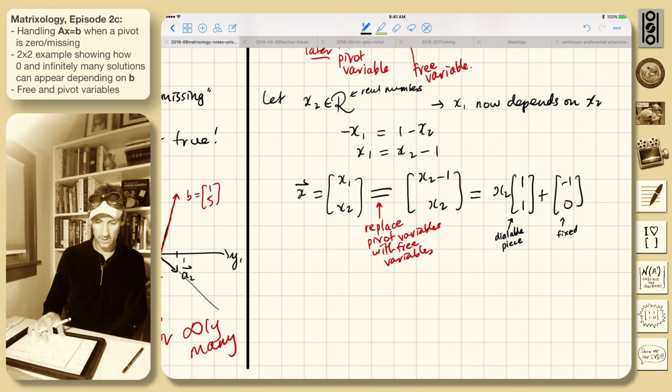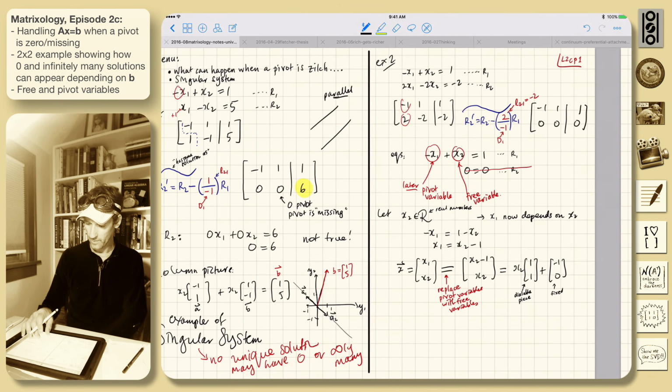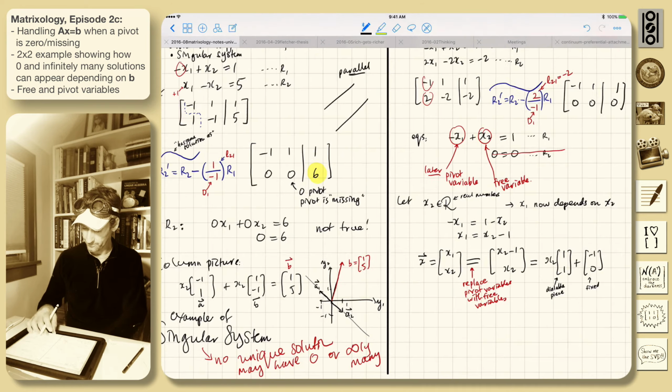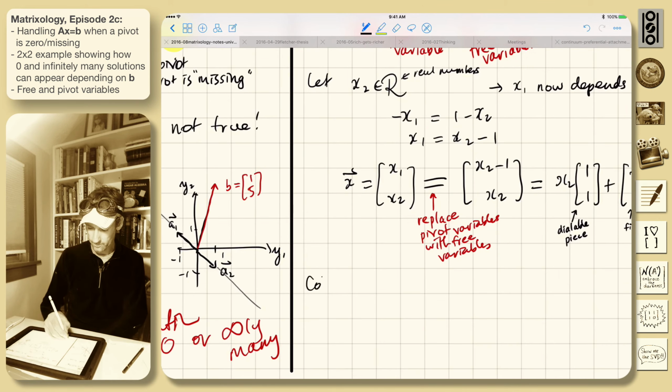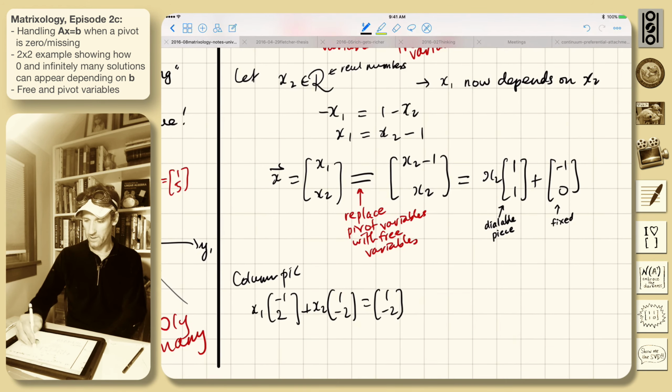Okay, so let's just look at the picture again, the column picture, just to get some intuition at the end of this little calculation. So it's x1 times 1, minus 1, just returning to the start of the problem, plus x2 times 1, minus 2, and we wanted that to equal 1, minus 2. Well, you can see how you could do it pretty easily.